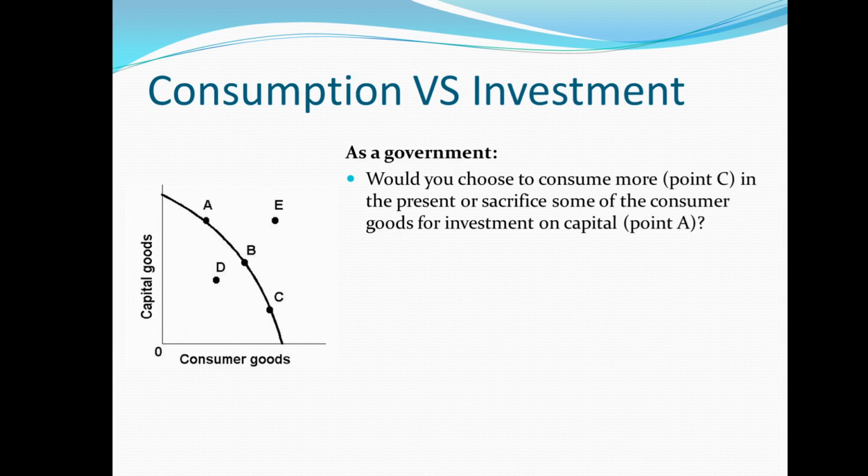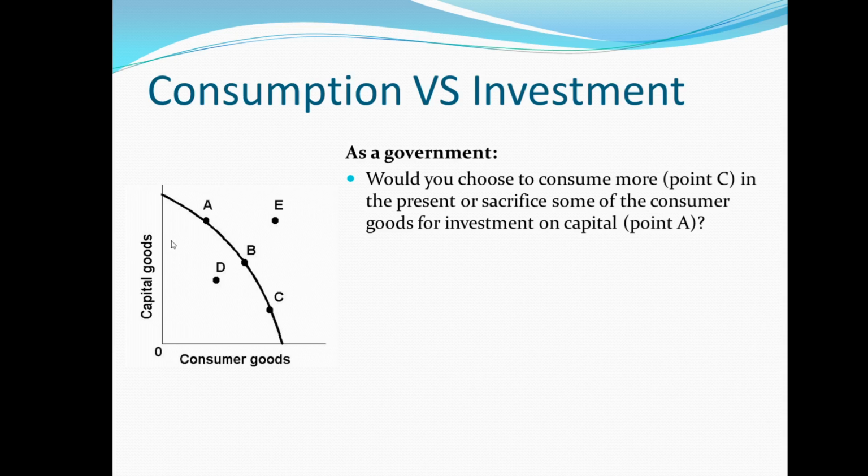Okay, so as a government, if you are able to reach on the PPC, which point do you think you should go to in order to achieve better economic growth in the future?